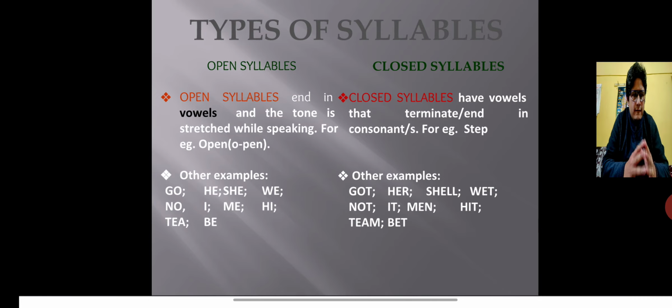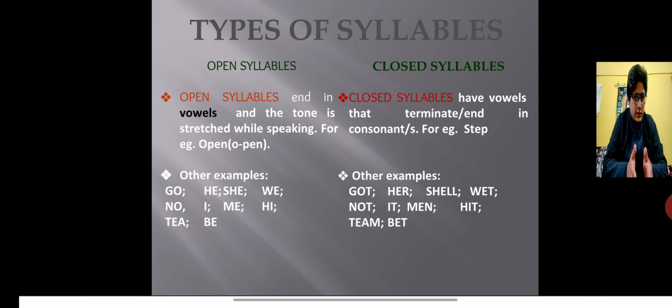Closed syllables have vowels that terminate or end in consonants. It's very simple. Open syllables terminate in vowels, whereas closed syllables terminate or end in consonants. For example, "step". Step takes two consonants to start.